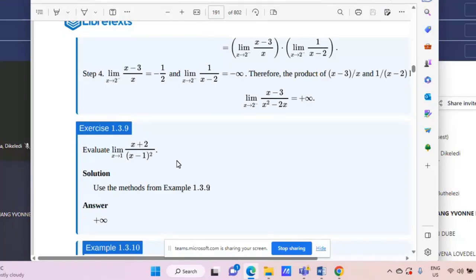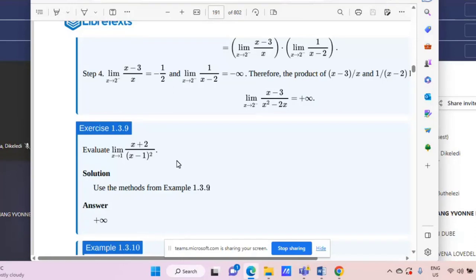Then I said the limit as x approaches 1 of x plus 2 over x minus 1, multiplied by the limit as x approaches 1 of 1 over x minus 1.